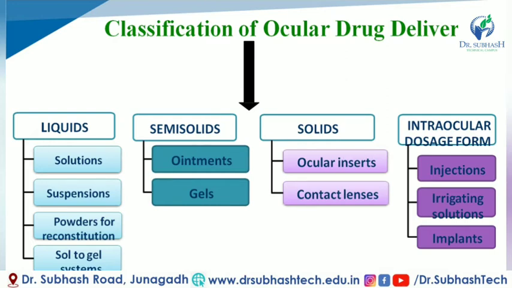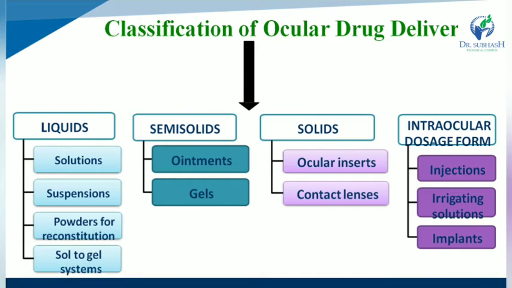So in the ocular drug delivery system, the first type is the liquid system. The solution system is available in liquid form, the suspension system is also available in liquid form, and the remaining two are powder for reconstitution and sol to gel system.